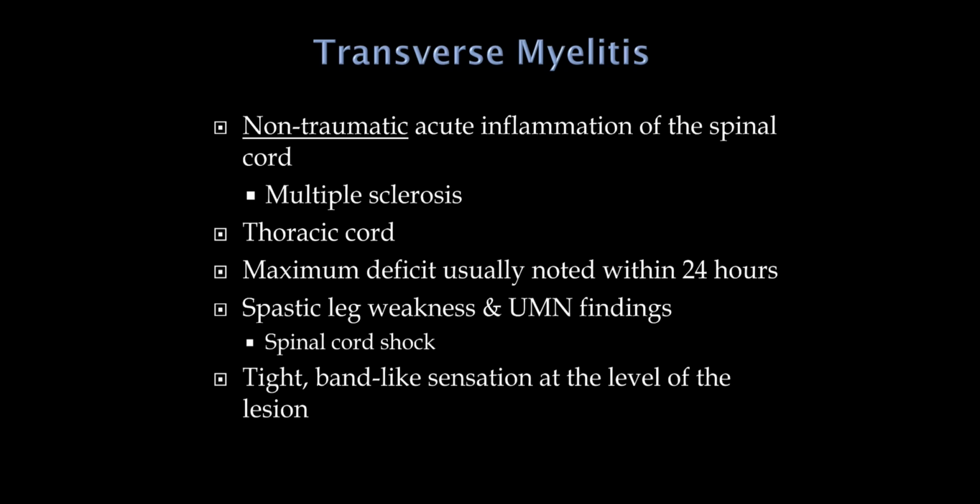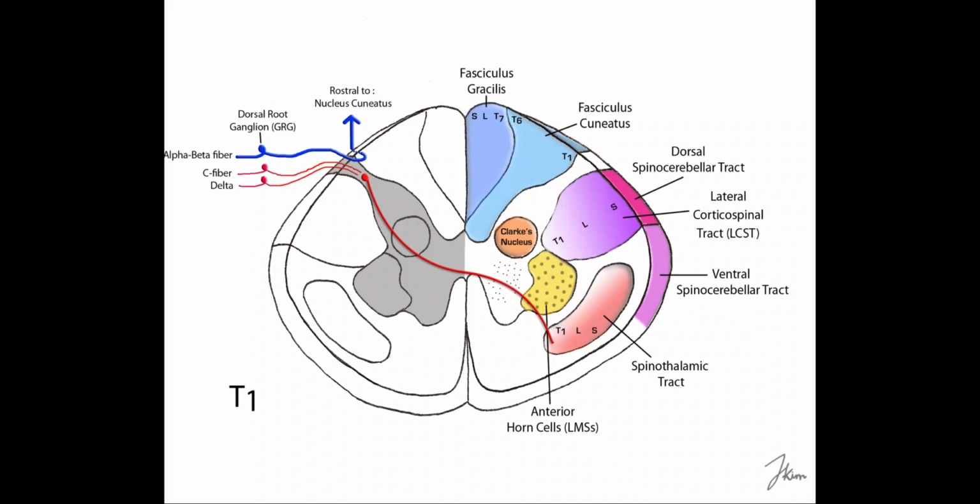One other thing that is common with transverse myelitis is that patients will frequently, at the level of the lesion, have a sensation of a tight band being pulled. So if their inflammation is at T10, then they've got something tight, like around the umbilicus. And so I'll explain why that is in just a minute. Okay, and with anything that affects a large portion of the spinal cord, they're going to have bowel and bladder dysfunction.